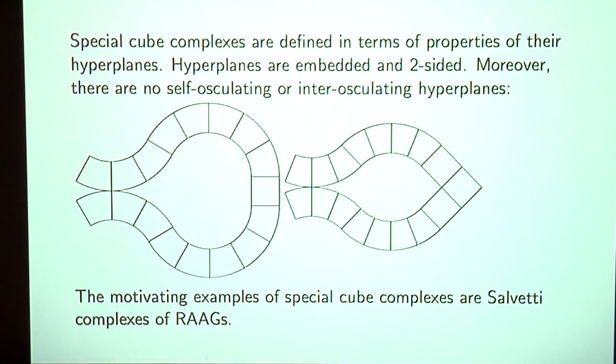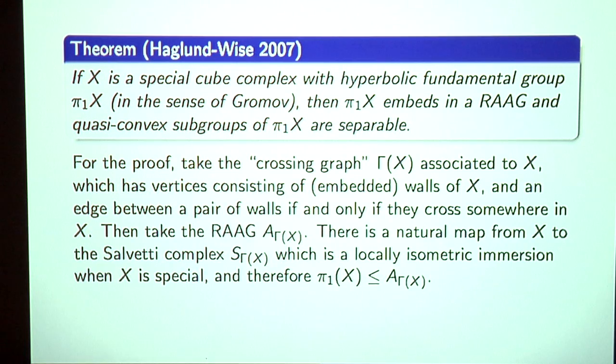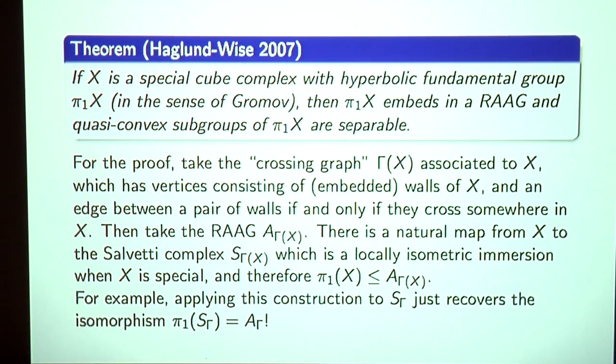But what they realized is that the converse is true: if you don't have these obstructions to embedding, then you actually can embed, which is kind of remarkable. This whole theory of special cube complexes, it's maybe a little hard to parse why these conditions of osculating and interosculating are important, but they are forced upon you by trying to locally isometrically immerse into a Salvetti complex. So the geometry guides you here to the right theorem.